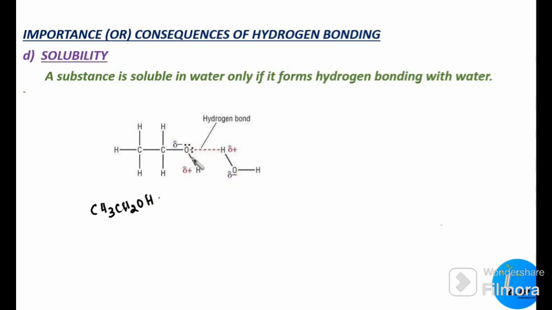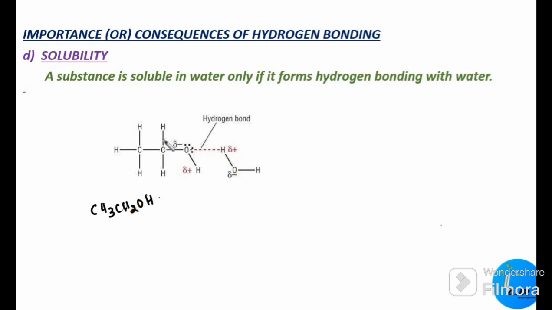This is because the hydroxyl group present in the alcohol is able to form a hydrogen bond with the water molecule. Both alcohols and acids have this OH group, and these OH groups have the capacity to form hydrogen bonds with water molecules. This is the reason why alcohols and acids are more soluble in water.